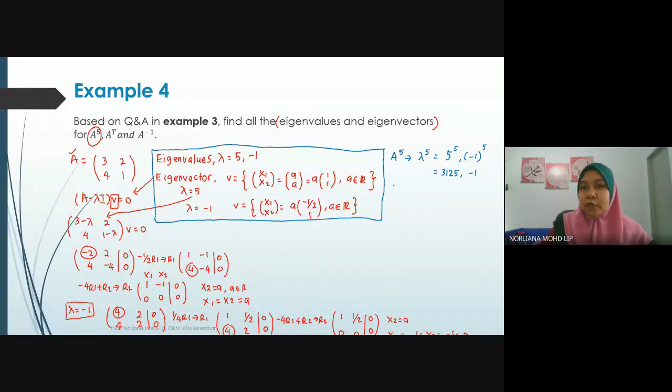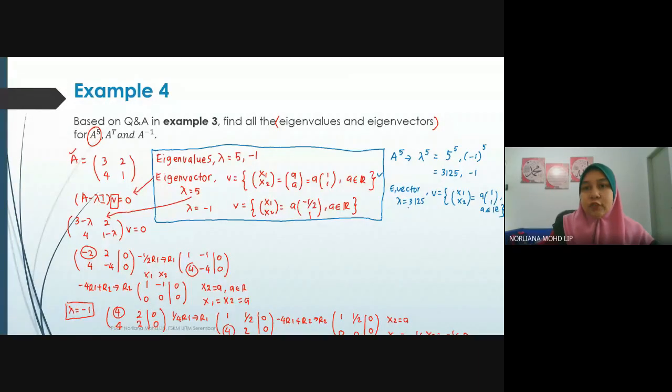And for the eigenvector for lambda equal to 3125, it is also equal to this one, the same as for lambda to the power of 5. You just copy it again. So we get x1, x2 equal to a times 1, 1, where a is a real number.